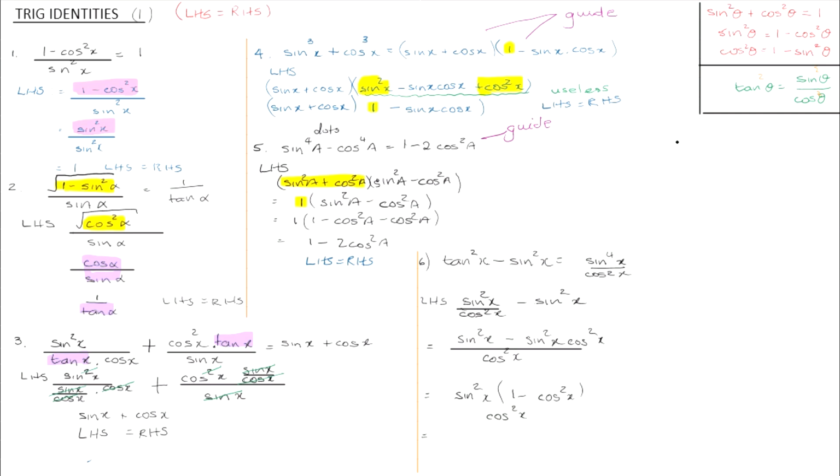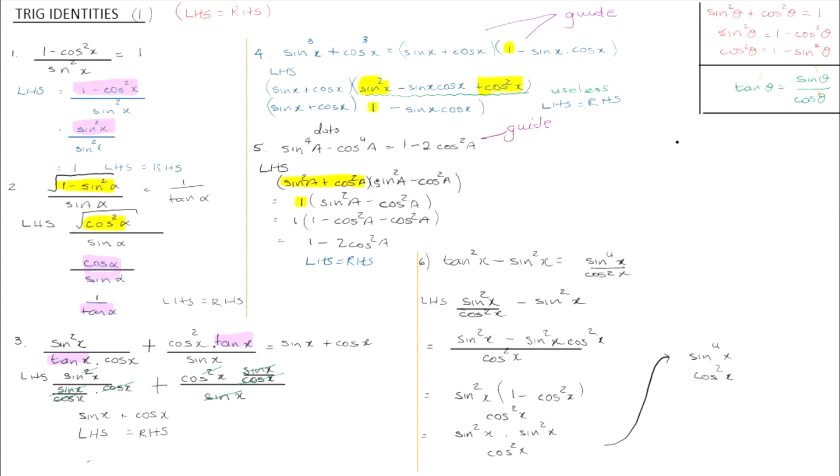And then that sine squared x I'm going to bring down, and the 1 minus cos squared is sine squared, and it's all on cos squared. And carrying that on over here, that is going to give me sine to the power of 4x on cos squared x. And that is done.